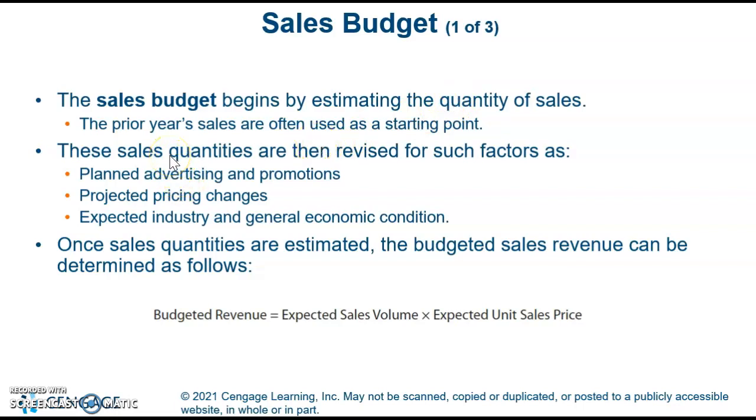The prior year's sales are often used as a starting point. How much did we sell last year? Do we think we're going to sell the same or more or less? Based on different factors, are we doing more advertising, more promotions?